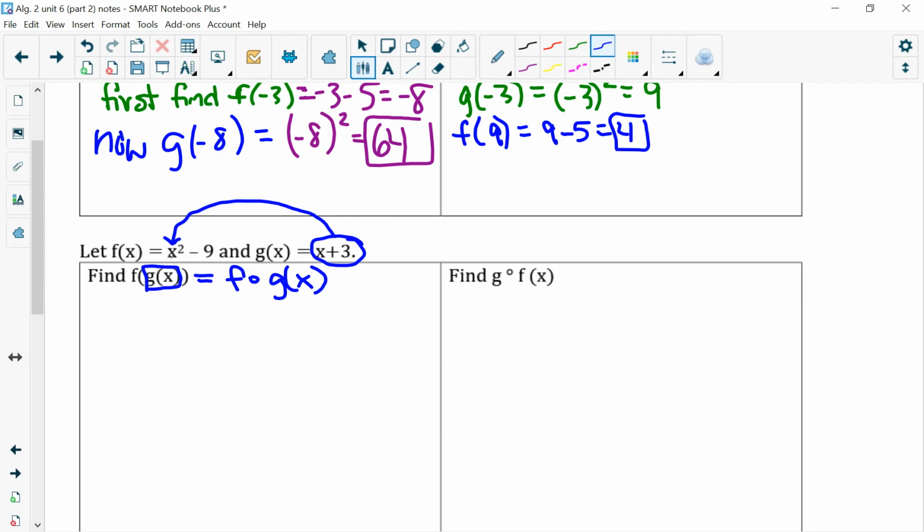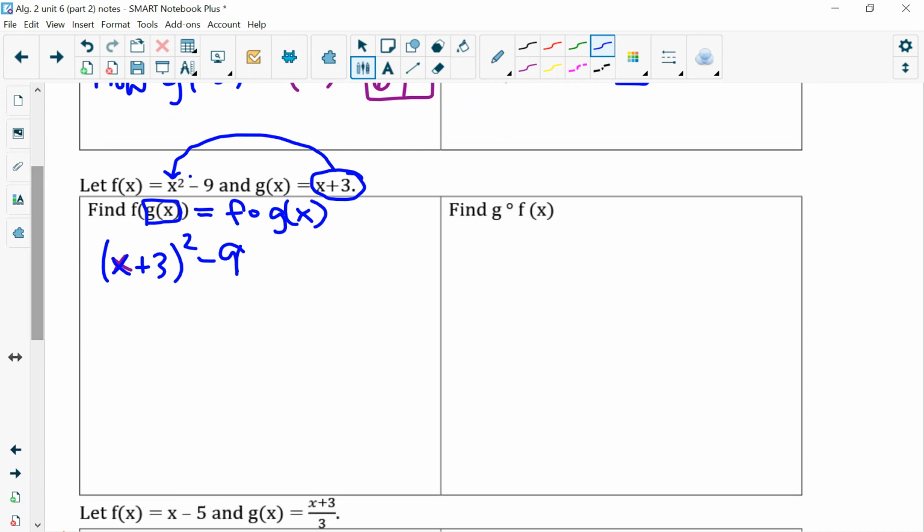So instead of writing x squared, what I'm squaring is what I replaced my x with, which is x plus 3. And then don't forget to bring down the minus 9. The x plus 3 squared, we need to expand that out. It is a binomial, so you either box it or FOIL it. Hopefully some of us at this point can do that mentally.